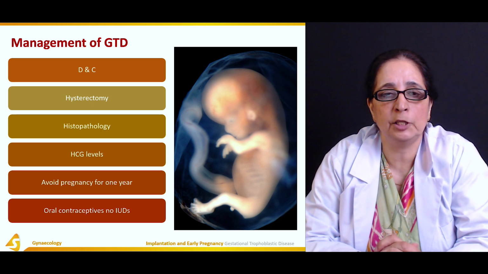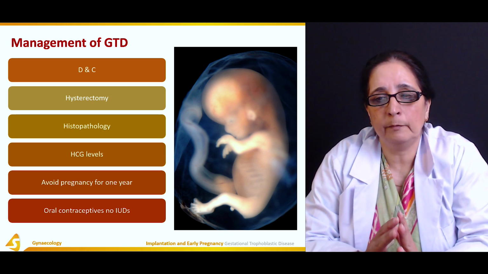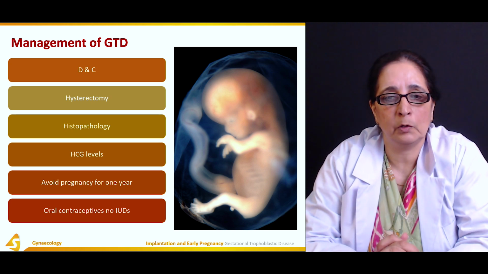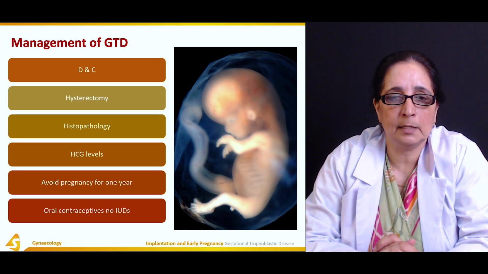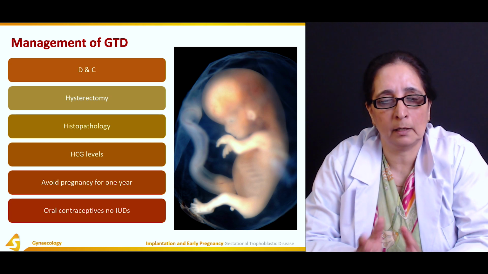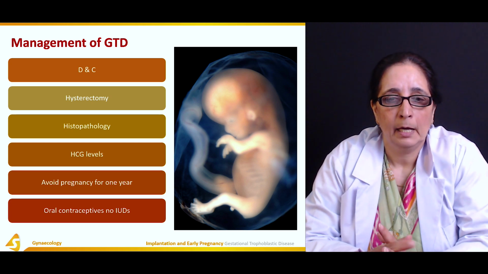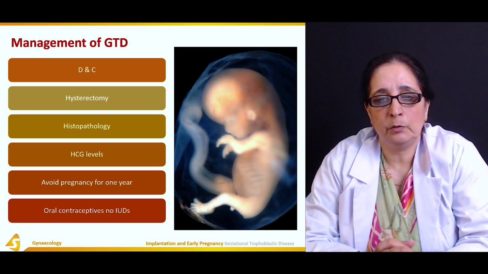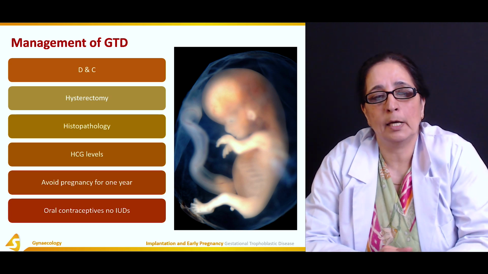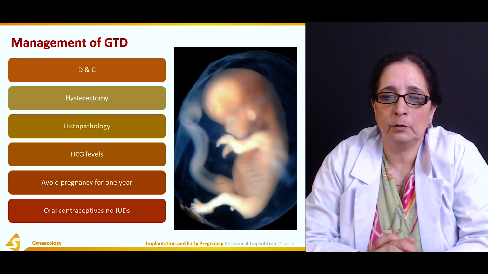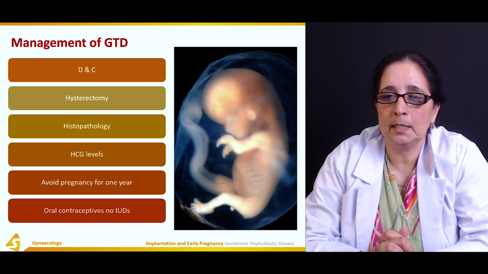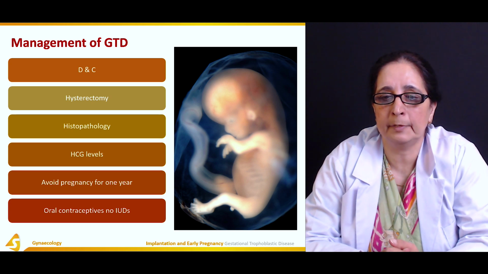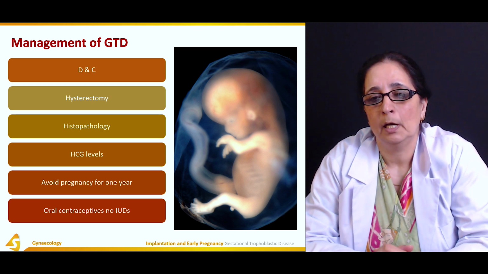Histopathology: you send the tissue to the lab for checking if it was a benign or malignant growth. HCG levels are measured to see if they are low or high. After the molar pregnancy, it is better to avoid pregnancy for 1 year, and for avoiding the pregnancy, it is better to use oral contraceptives, no IUDs.